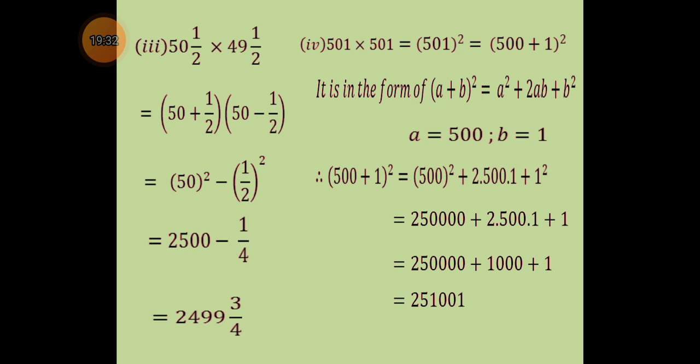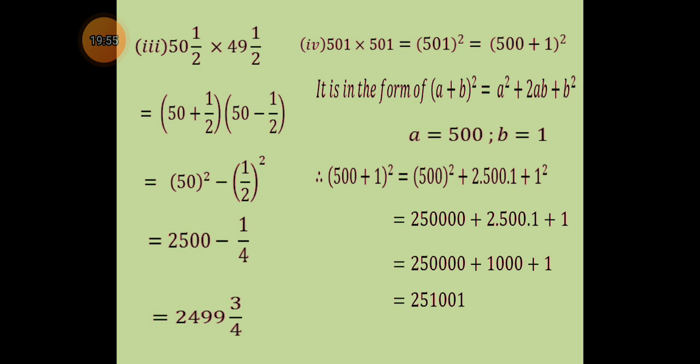Instead of 1 zero, 2 zeros. Always in square, there will be even number of zeros. And 1 by 2 square is 1 by 4. So 2500. If you take away 1/4, it is 2499 3 by 4.